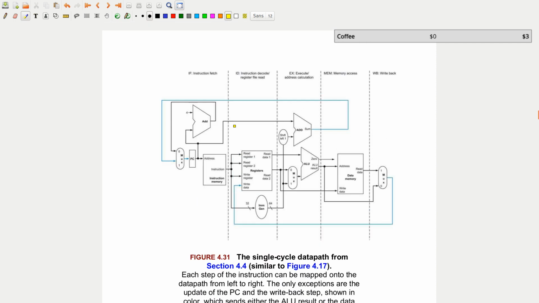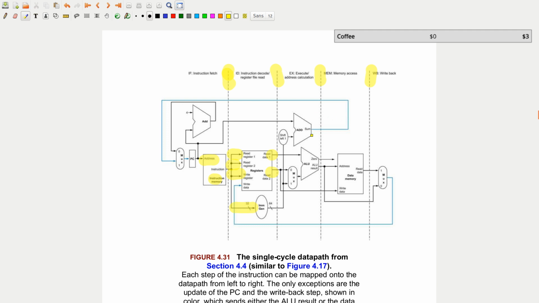Okay, so here we have a high-level view. We can really start splitting the different pipeline stages into different parts. At this first stage, we're fetching an instruction, meaning we have to go to instruction memory. At decode, we're splitting this instruction into its individual parts, its different sets of bits, to access registers, maybe to go to immediate generation, and then to read them out on the other side.